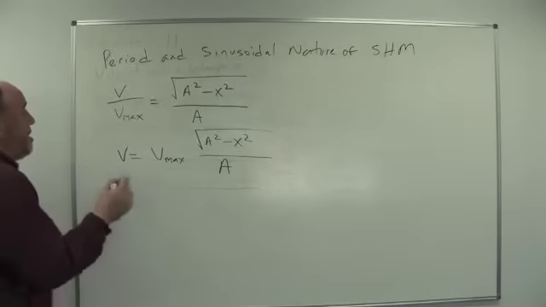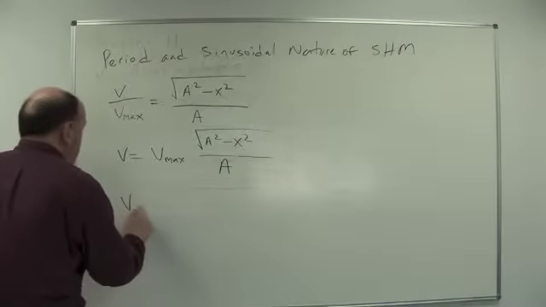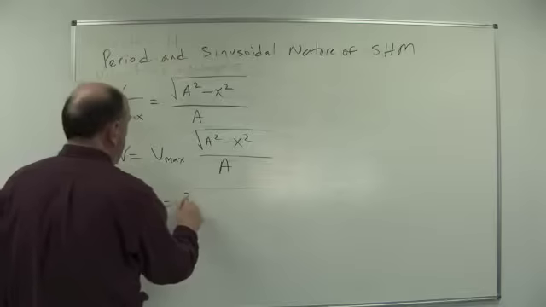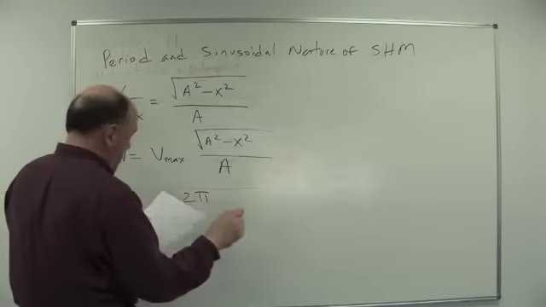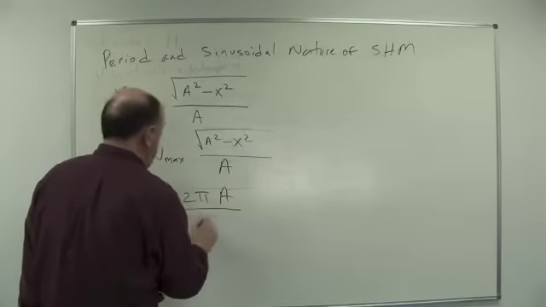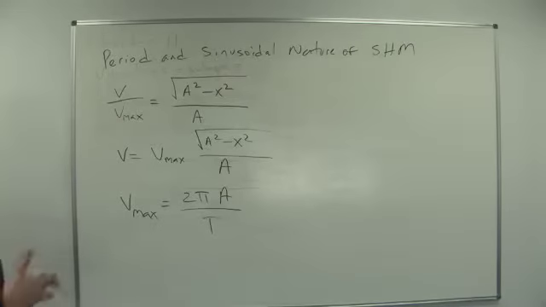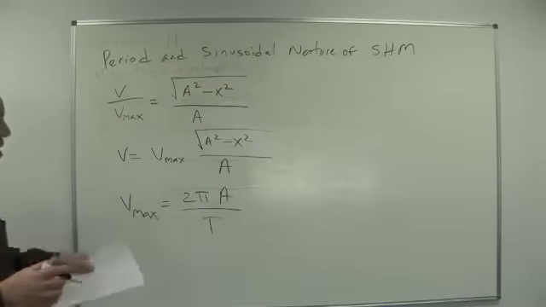So in terms of V max, V max can also be written as 2 pi times A over T. In terms of a normal sine wave, the time for it to go through a cycle is given by 2 pi.